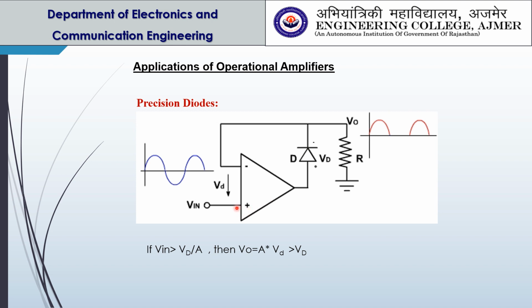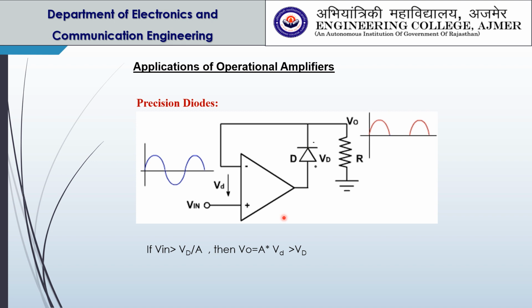Therefore, the circuit acts as a voltage follower for positive signal, and that positive signal value is this one, Vd by A, and it generally comes in few microvolts.